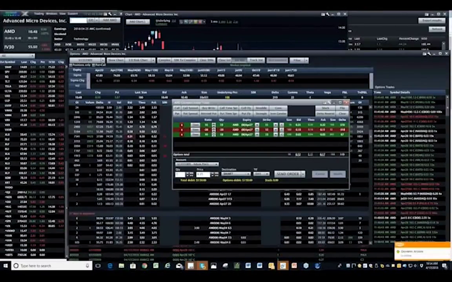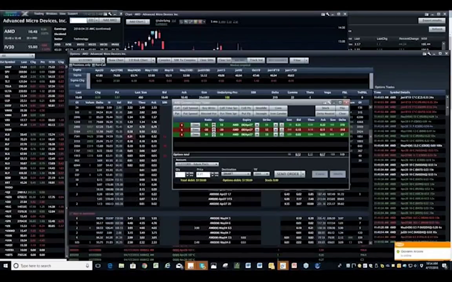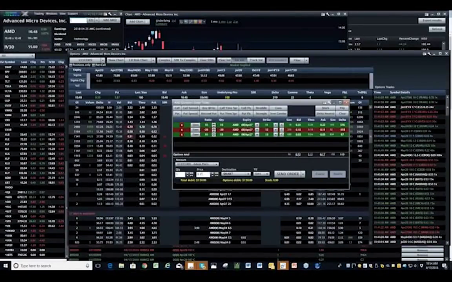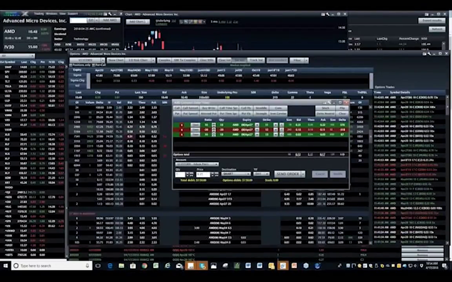Statement one, and this statement is true: if I sell options on every earnings, more often than not, the trade will make money. So if I sold 3,000 earnings spreads, more of my earnings spreads would win than lose. That is a true statement.